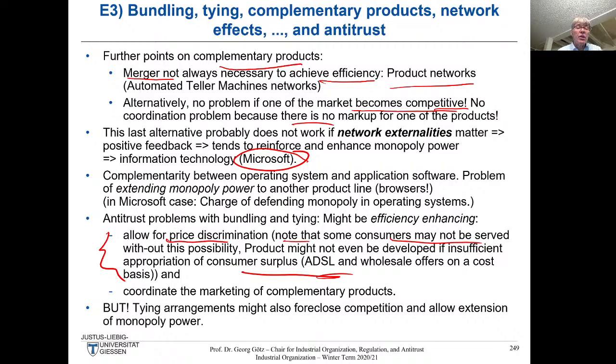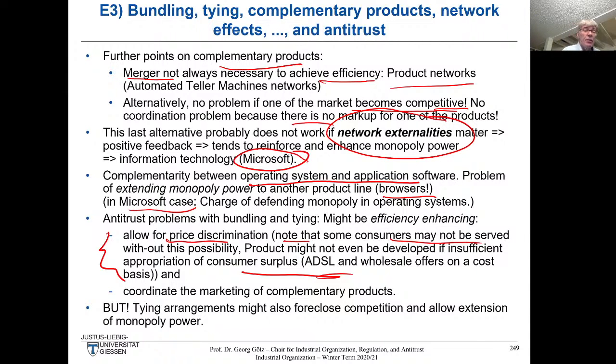The problem there is that you have network externalities in that market, and therefore if you allow these complementary products to be offered by a single company like Microsoft, this company might try to extend its monopoly power by, for instance, trying to keep out other companies who might endanger its monopoly position in operating systems. I don't have the time to go through it here, but it gives you some idea what the relevant questions are.